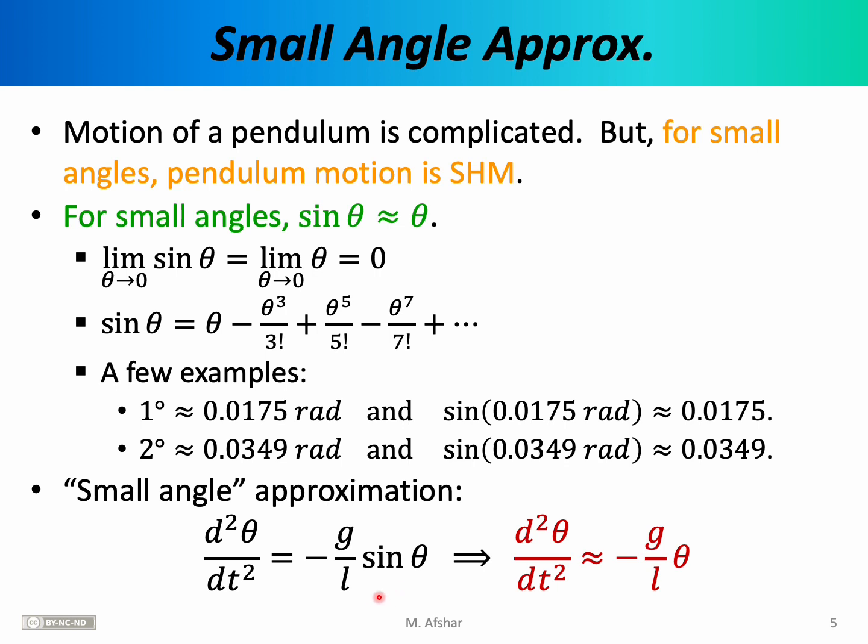Henceforth, we will discuss motion that involves only small angles, and in that case, we can replace sine of theta with theta, and we obtain a new differential equation, which we will call the approximate pendulum differential equation, and it turns out this differential equation is easy to solve. We can actually solve this differential equation to find a solution that tells us the position of the pendulum as a function of time to a very good approximation.